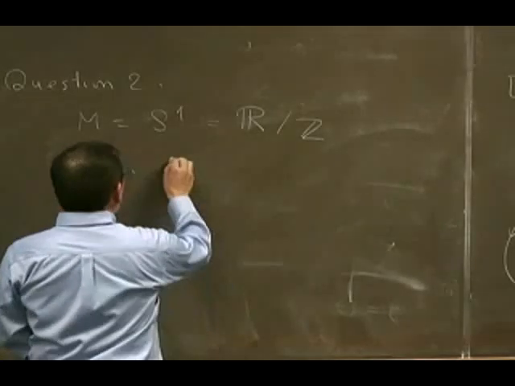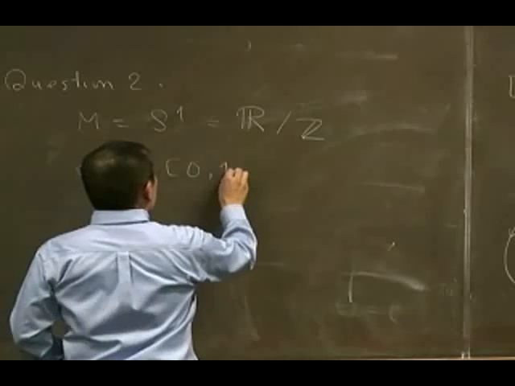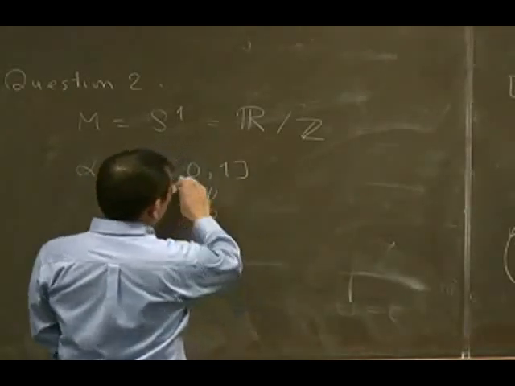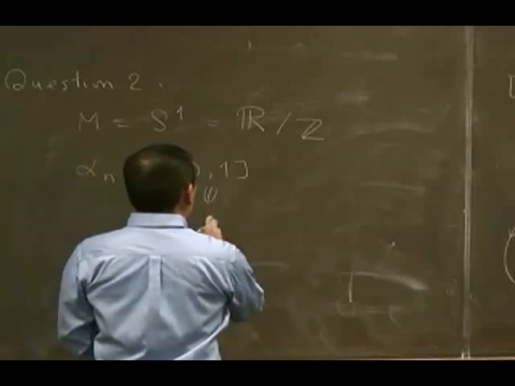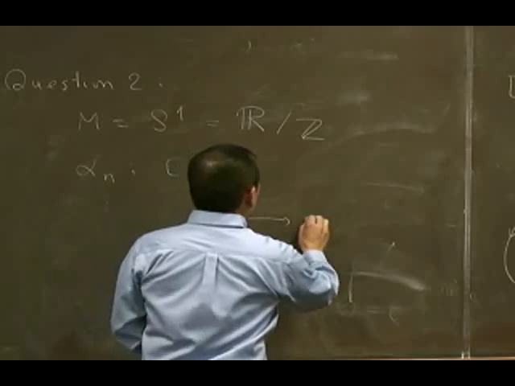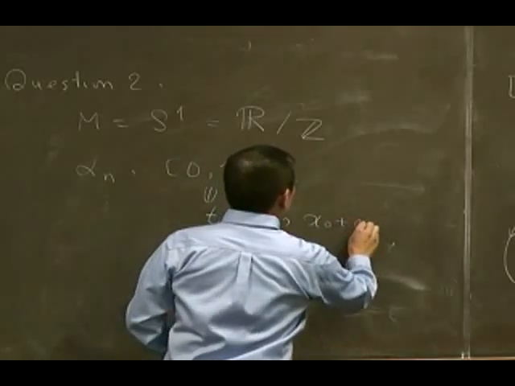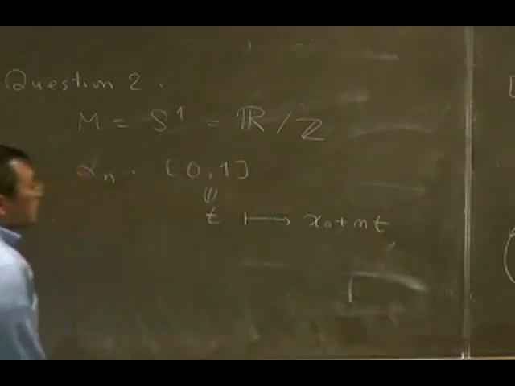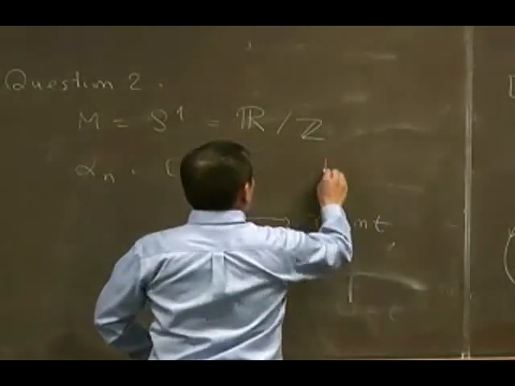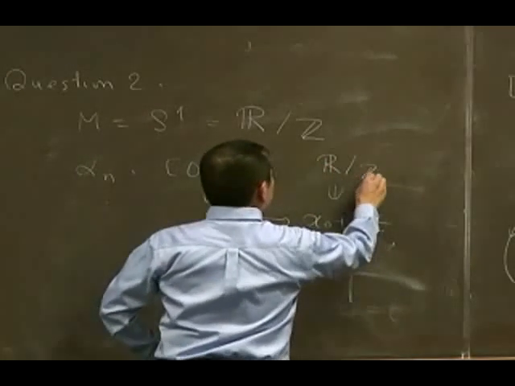So you map the interval 0 to 1, with t as the coordinate, to x naught plus nt. So this is in R over Z.